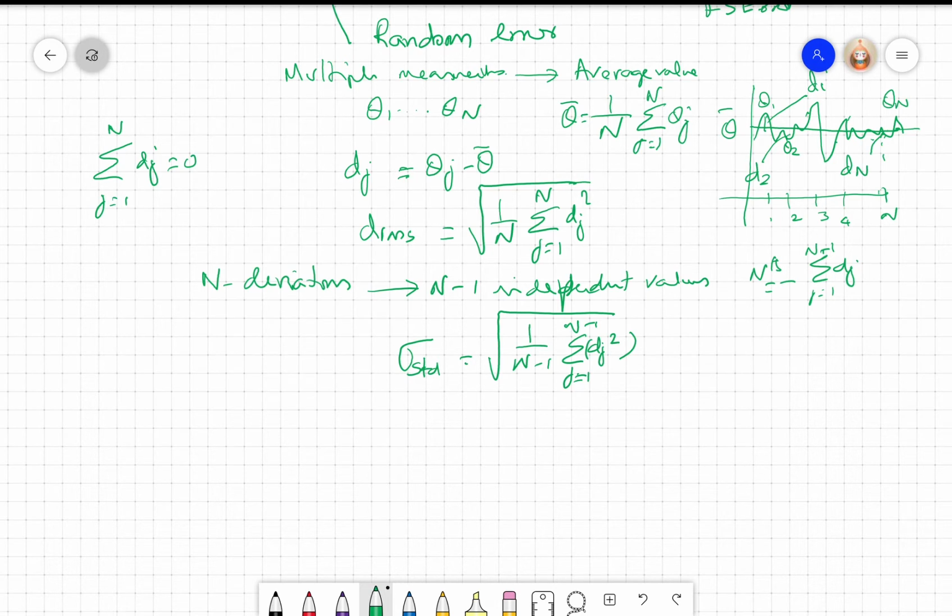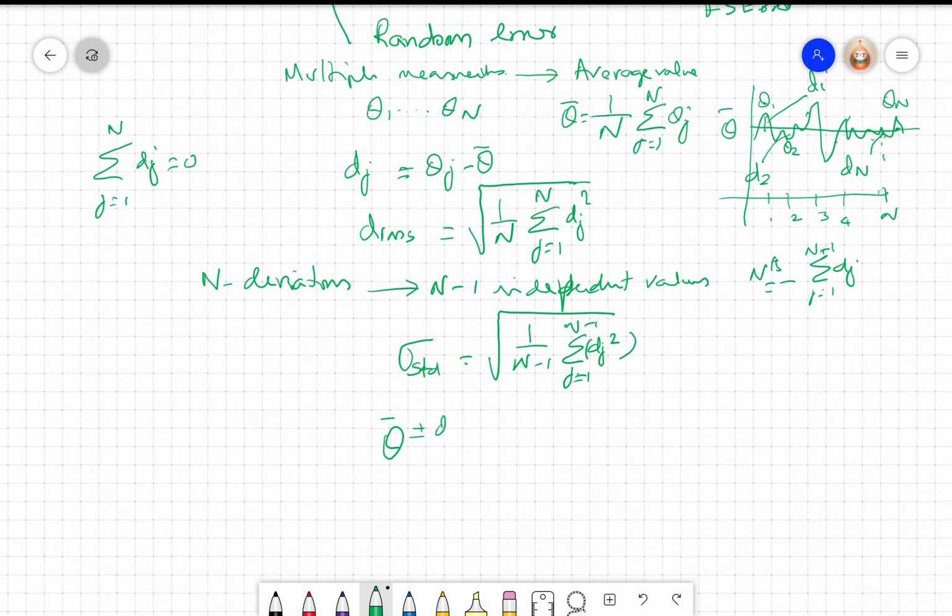So when I have random errors, like we indicate the accuracy in terms of systematic error, we indicate the error when I have random error present in my measurement as average value plus or minus deviation.